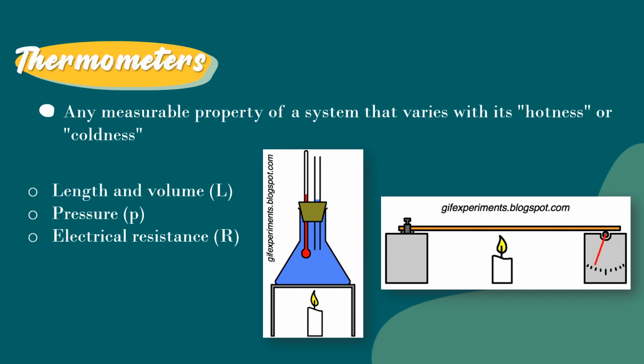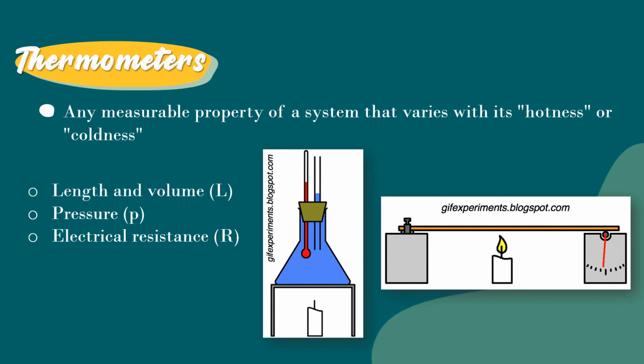So a thermometer is actually just an object that reacts to the heat that is added into a system. Aside from that, the expansion of the liquid in the thermometer is not the only property that is affected by the addition of heat.